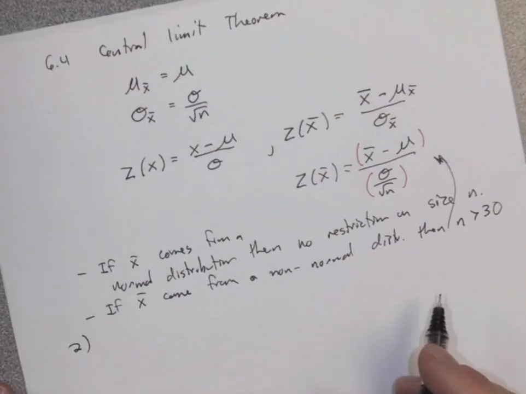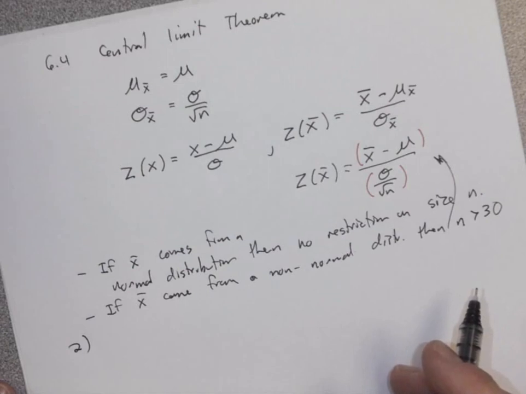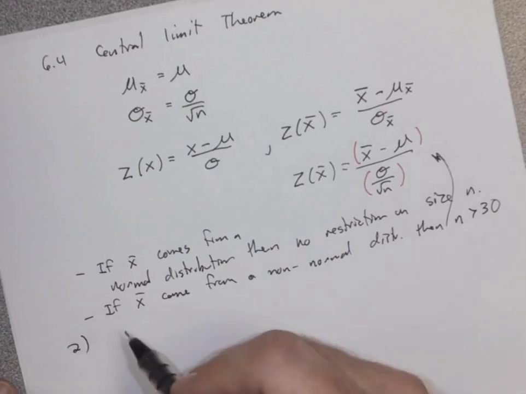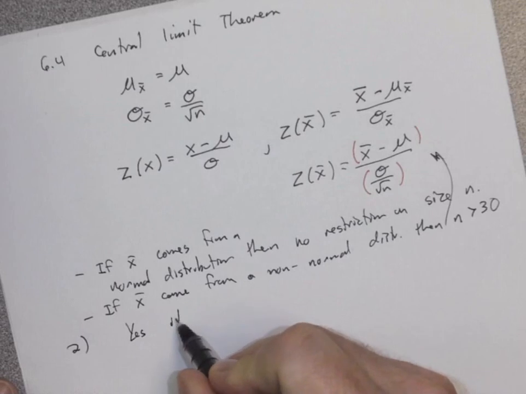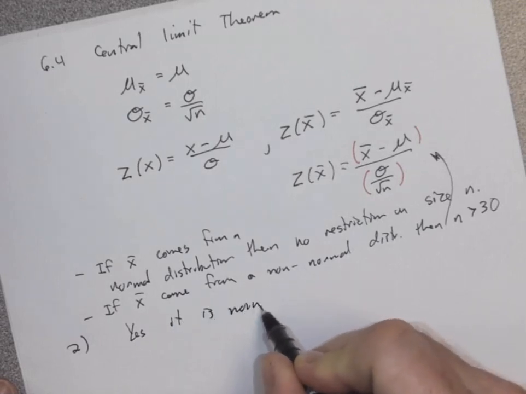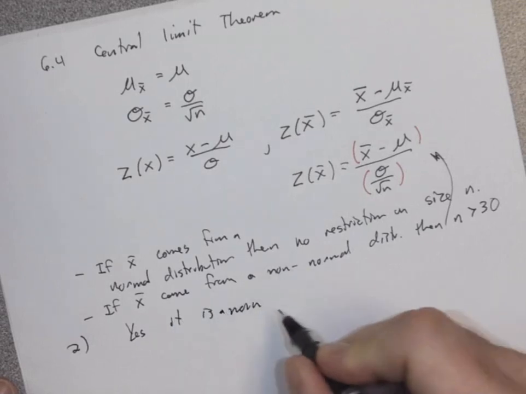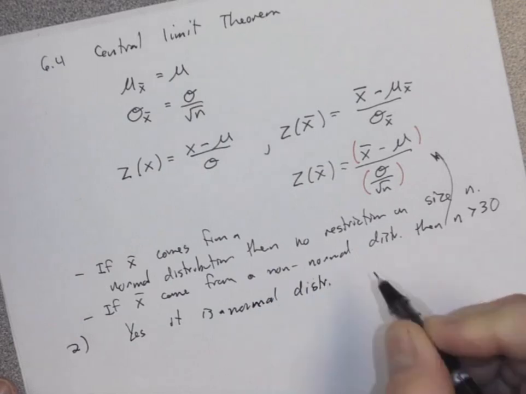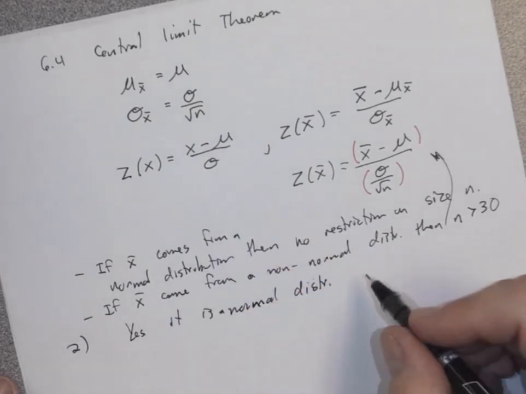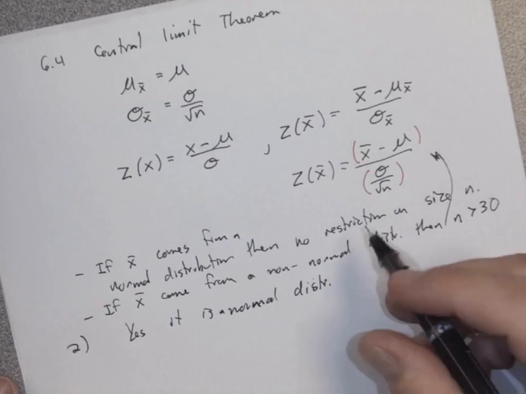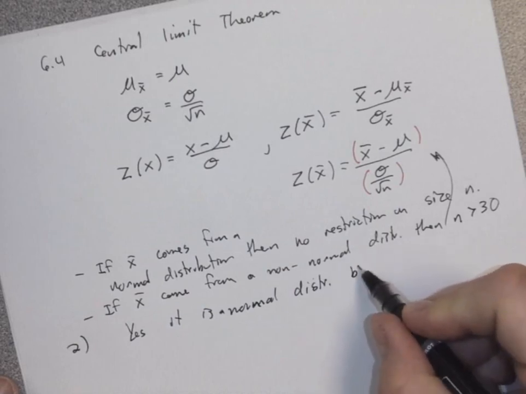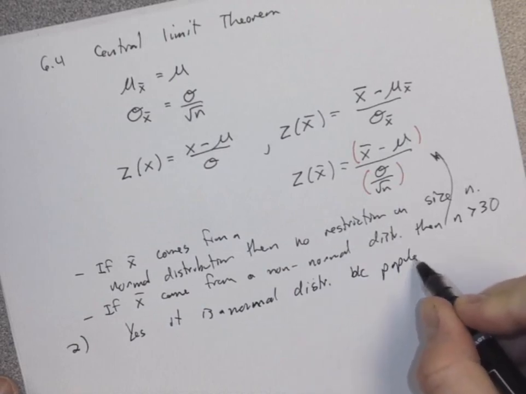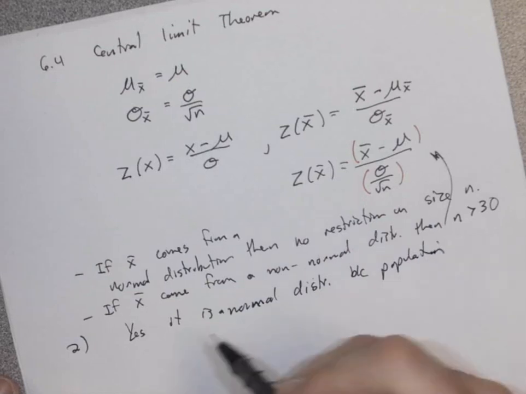So the question asks, can it be treated as normal? So yes, it is a normal distribution. What I mean by that is the distribution of the sample means, because the population that we're sampling from is normal.